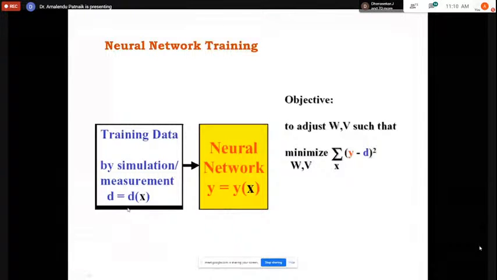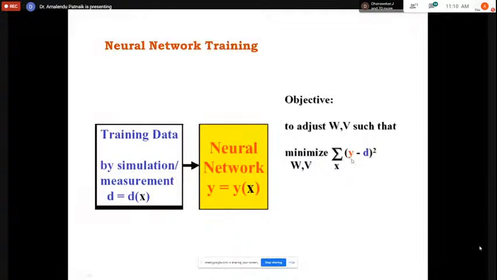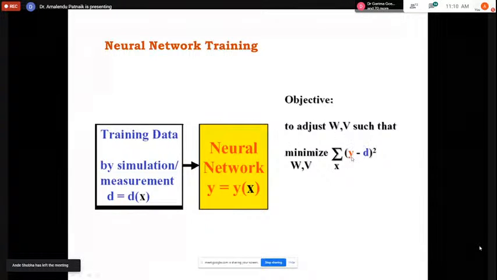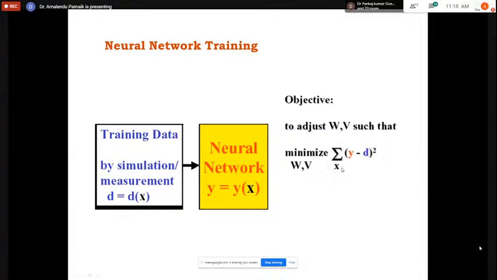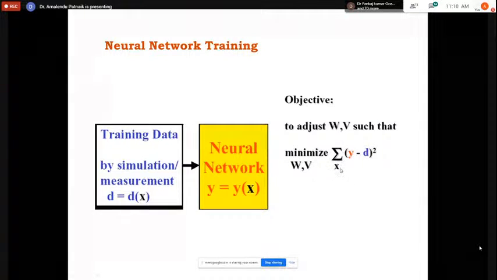So basically we are minimizing the difference between Y and D with respect to this variable. How are you minimizing that? With respect to W and V. W and V are the weight values connecting different neurons of the neural network.